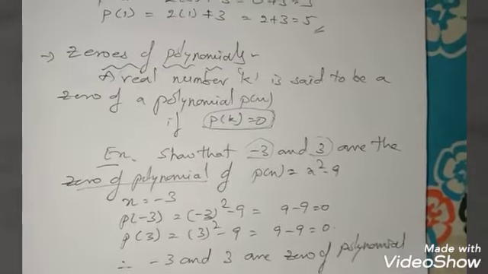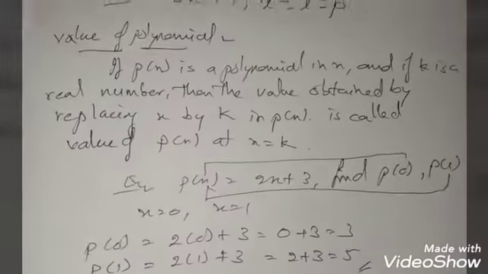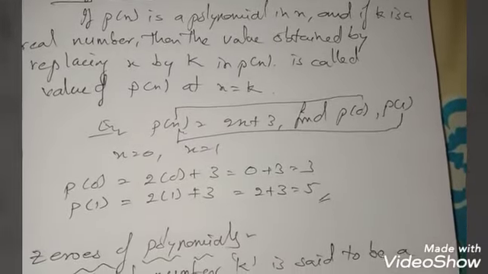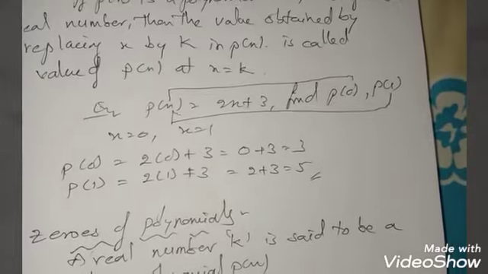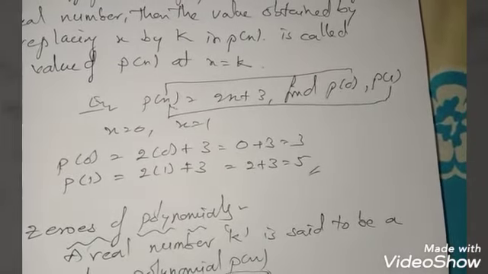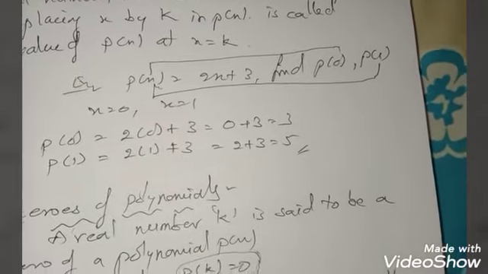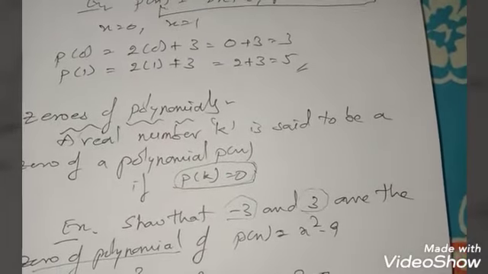Next, coming to the value of a polynomial: if p of x is a polynomial in x and you substitute a real number k in the place of x, that is called the value of the polynomial. Next, a zero of a polynomial is a real number k such that p of k is equal to 0. So these are the topics we have covered.